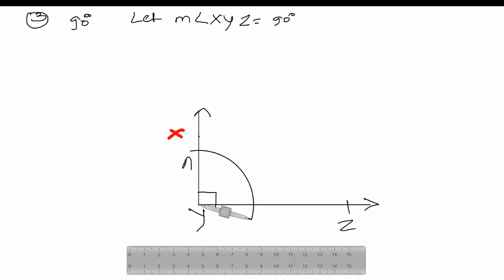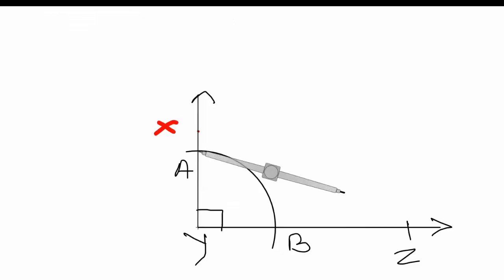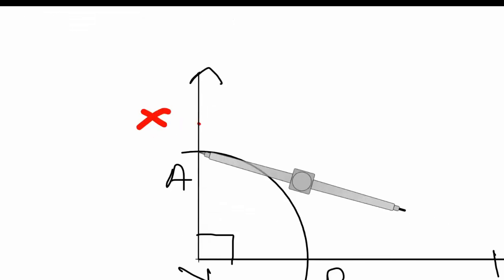This one is the point A, this one is the point B. Then again put the pointed tip of the compass on point A as shown here. Draw the mark, circular arc inside the angle.